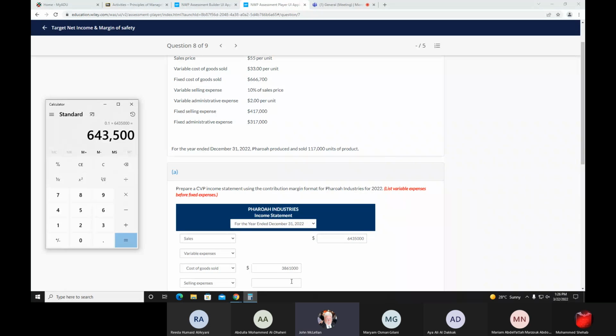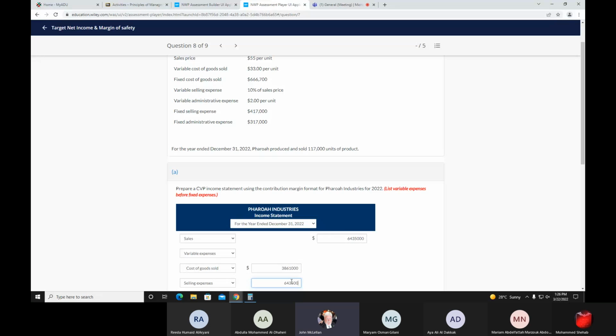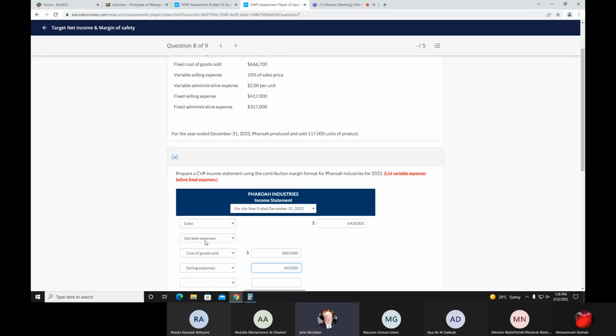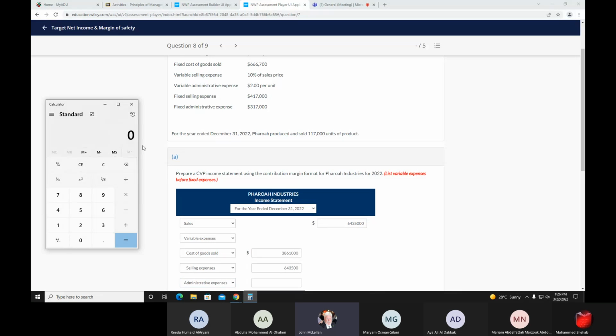Minus 643. And then variable admin is 2 per unit. So that would be 117,000 times 2.